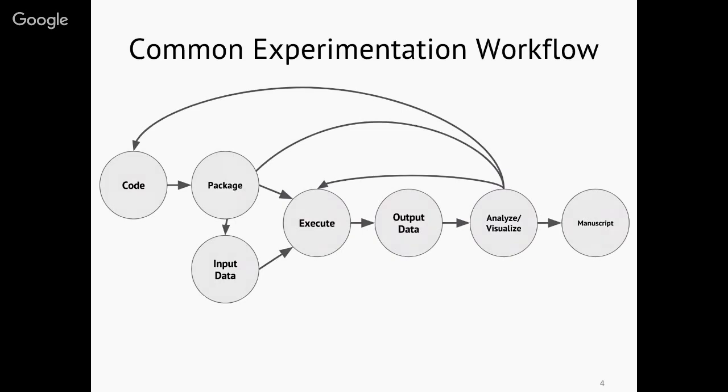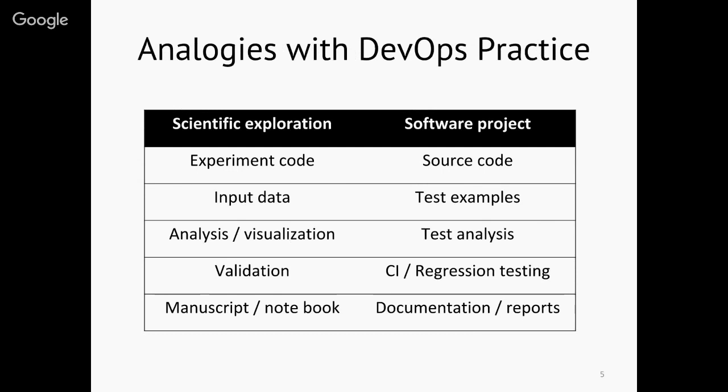If we look at this diagram and contrast it with what people currently do in software development communities, we see almost a one-to-one correspondence. In general, it's not just software development, but a broader term, which is DevOps.